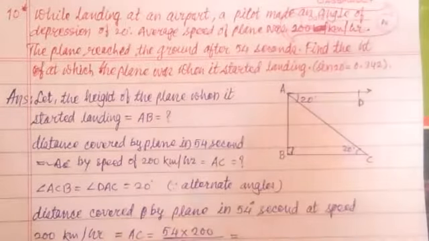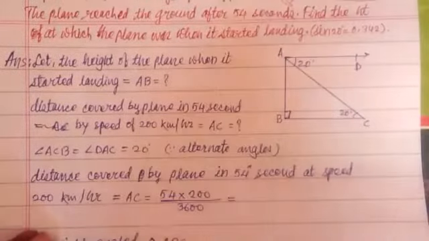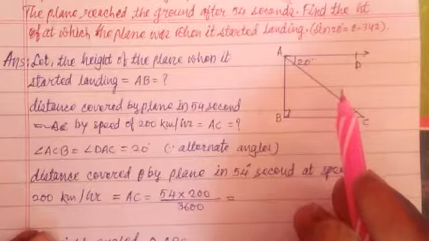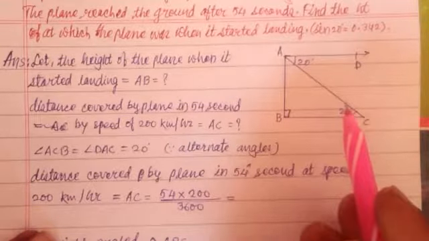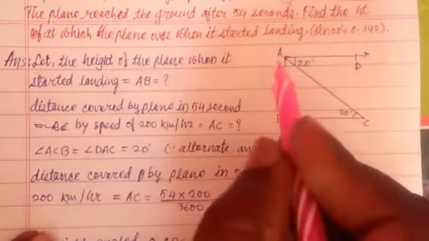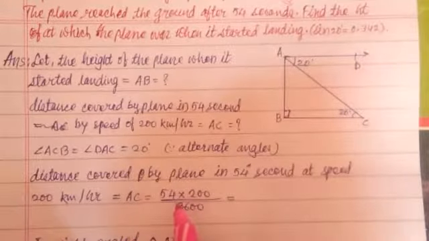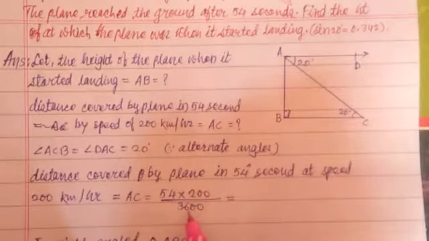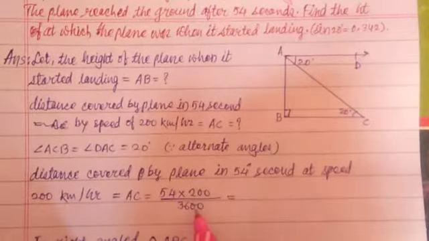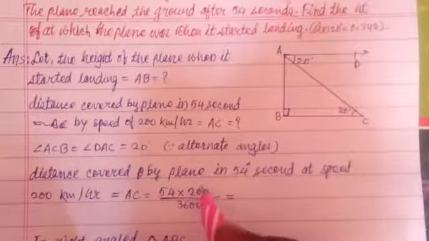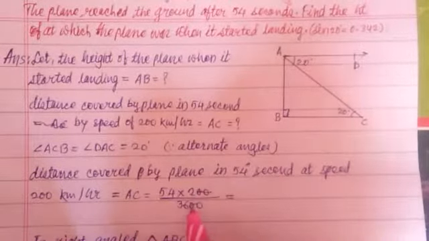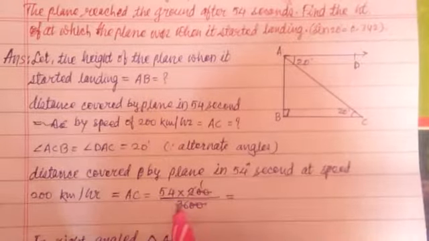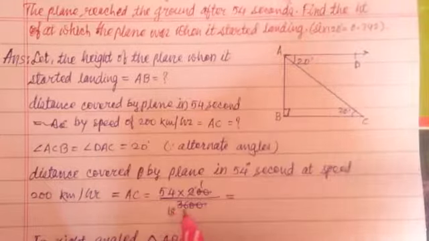Now the distance covered by the plane in 54 seconds at speed 200 km per hour means AC is equal to 54 into 200 upon 1 hour means 3600 seconds, which is equal to, now 200 get cancelled, 2 ones are 2 and 2 18s are 36.